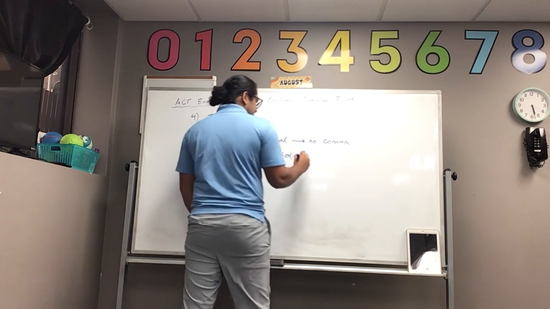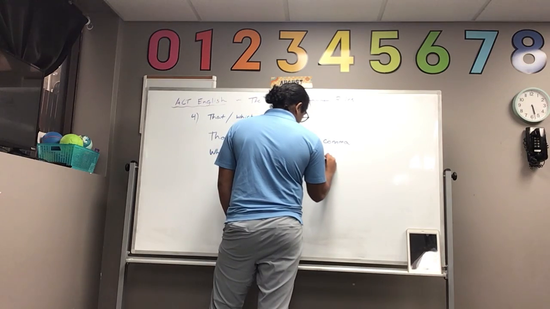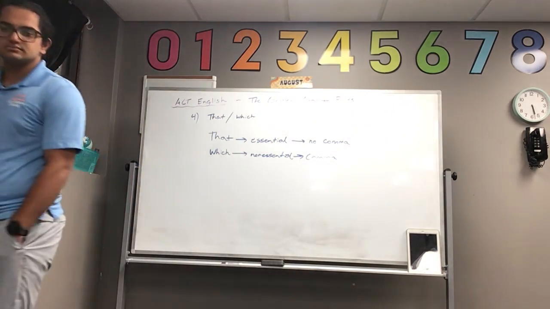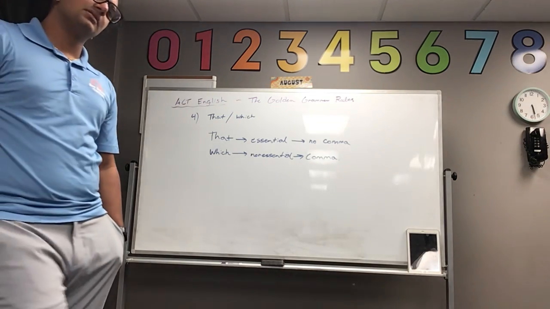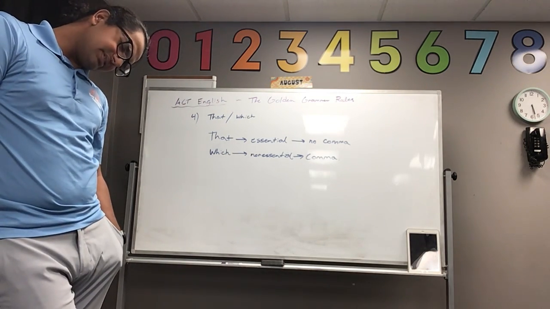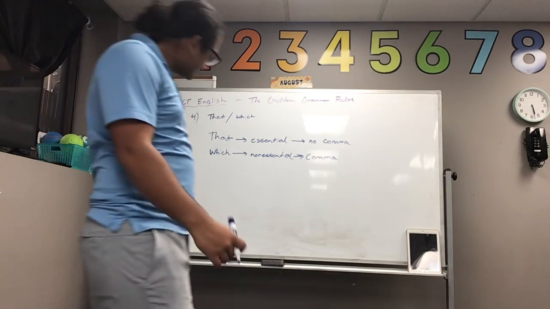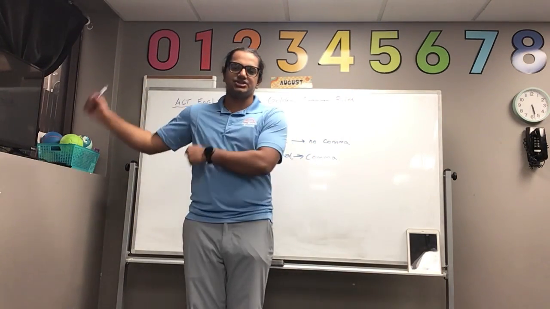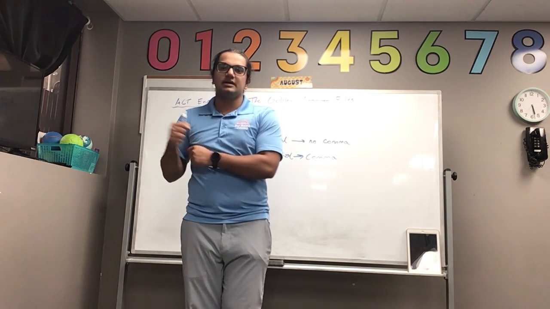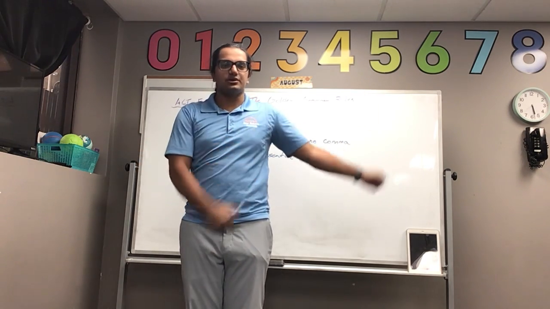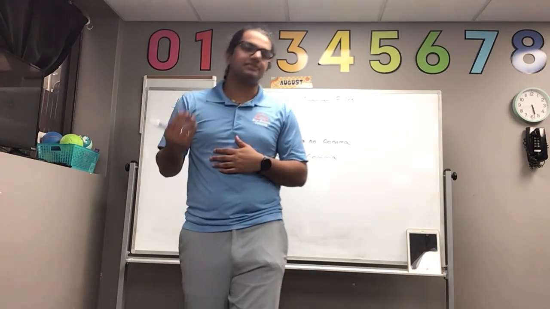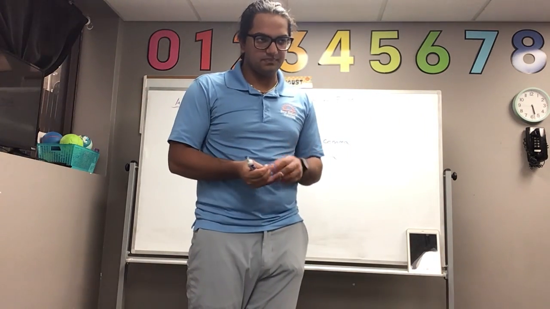And if you're going to use which, you need a comma. So what's the difference between non-essential and essential? Essential means that if I were to remove this clause, the sentence changes in meaning. Non-essential means if I were to remove this clause, the sentence loses something, but it doesn't change its meaning. It still means the same thing.